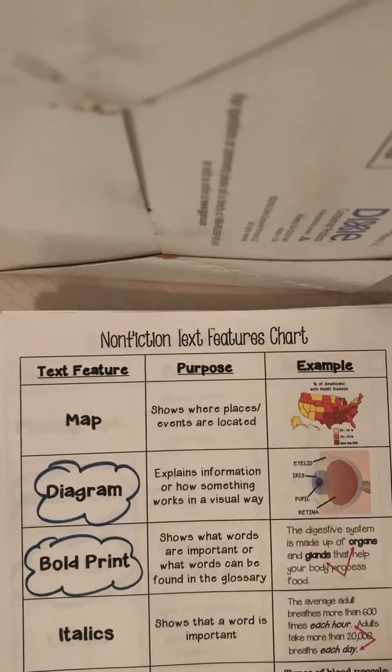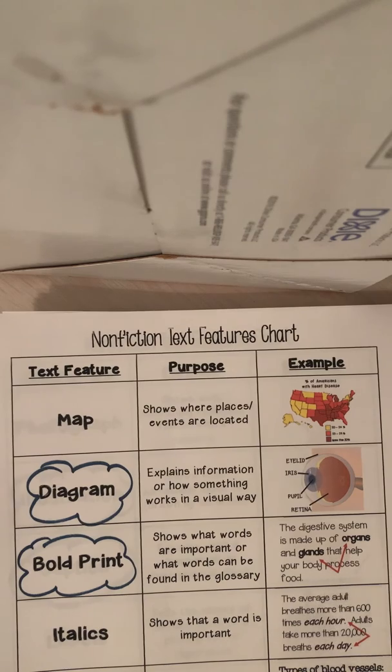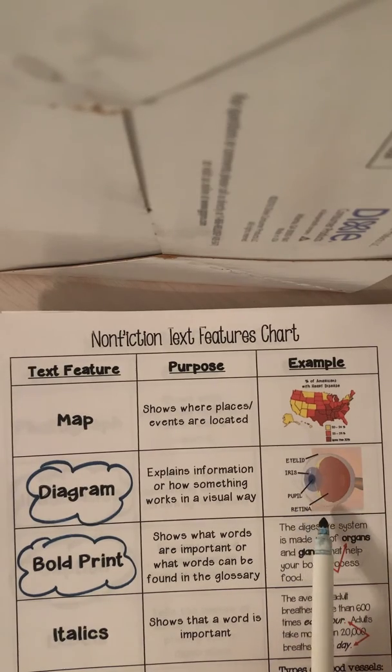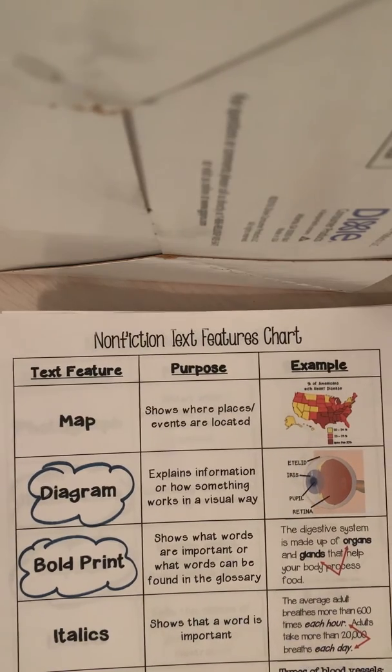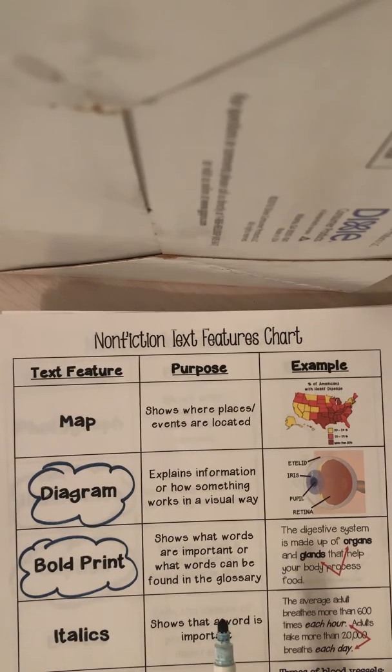The next 2 we're going to be talking about are diagrams and bold print. So diagrams explain information or how something works in a visual way. So we can see our example would be an eye and the diagram of the eye, so it shows us the different parts. And bold print shows what words are important. Sometimes they can be in the glossary.